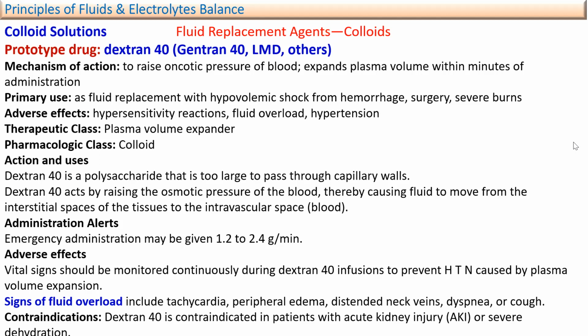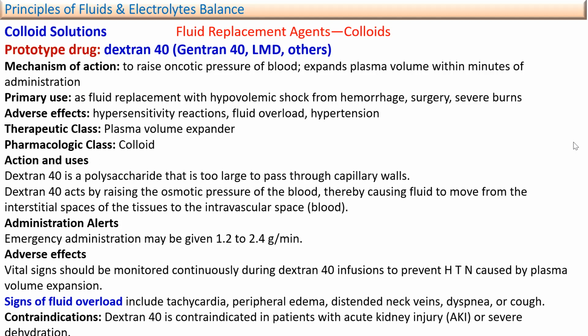So these are called plasma expanders. For example, dextran 40. Dextran is a plasma volume expander, a colloid. Plasma expanders stay in the blood vessels and increase the osmotic pressure.